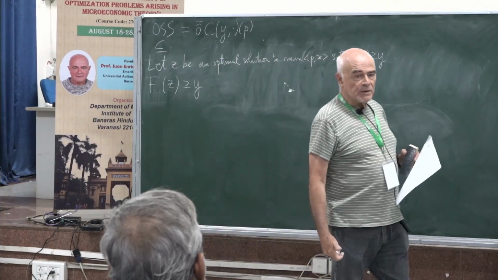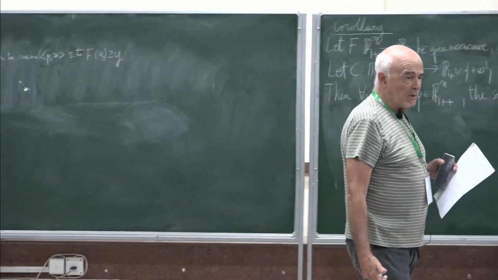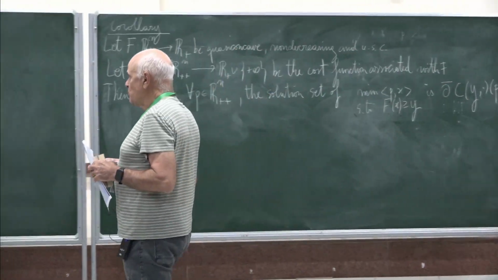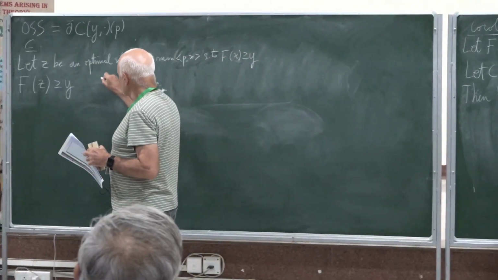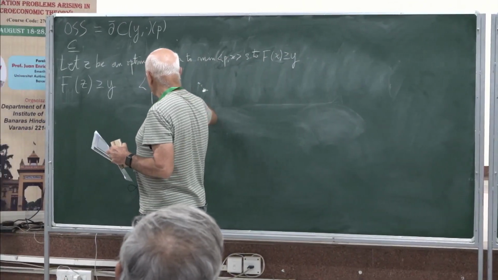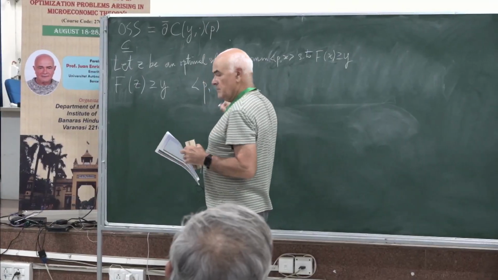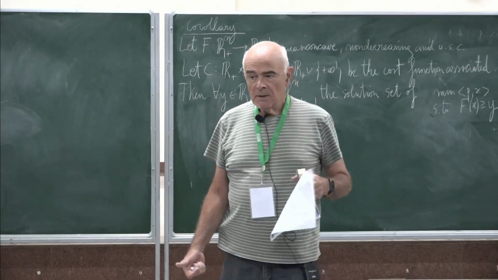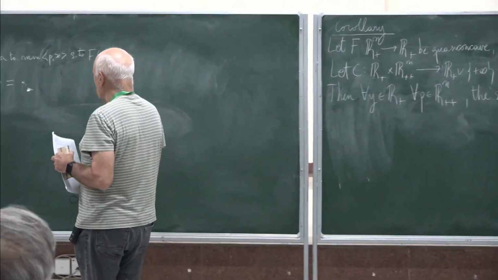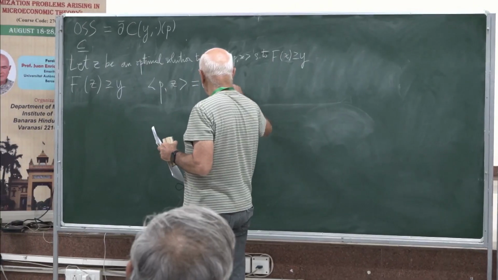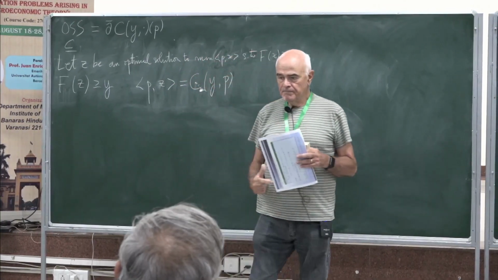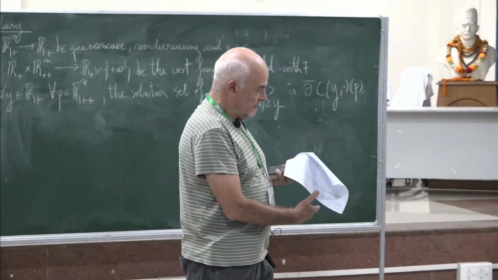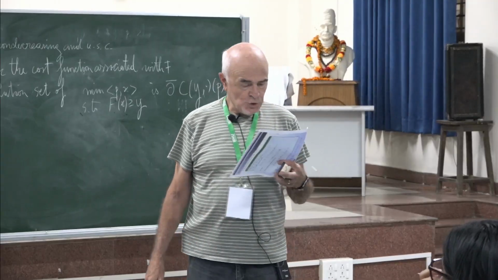But feasibility is not enough. We are saying that it is optimal. So the value of the objective function at this optimal solution is the optimal value of this problem, and the optimal value of this problem is what we had called C of y, p. Okay, so these two conditions express the fact that z is an optimal solution.